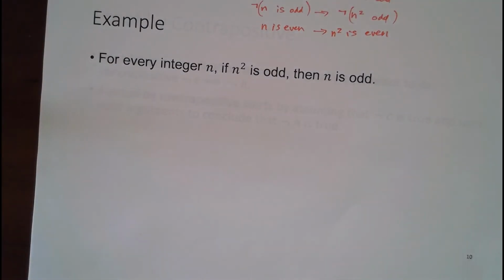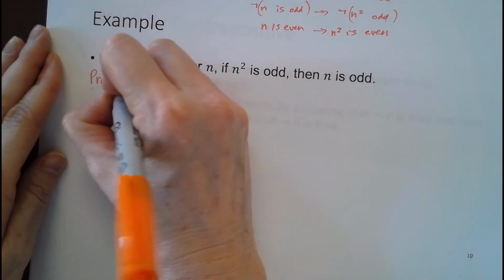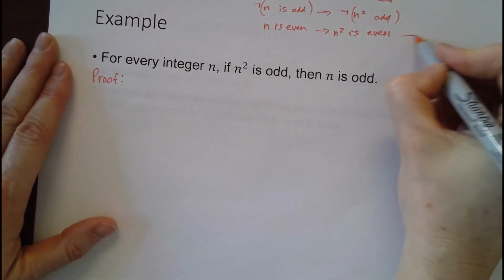So proving that n squared is odd implies n is odd is exactly logically equivalent to proving that if n is even, then n squared is even, which sounds a lot easier, doesn't it? Yeah, because it probably would be pretty easy to do that. So in the back of our mind, that's what we want to be thinking. Oh, this is way easier.